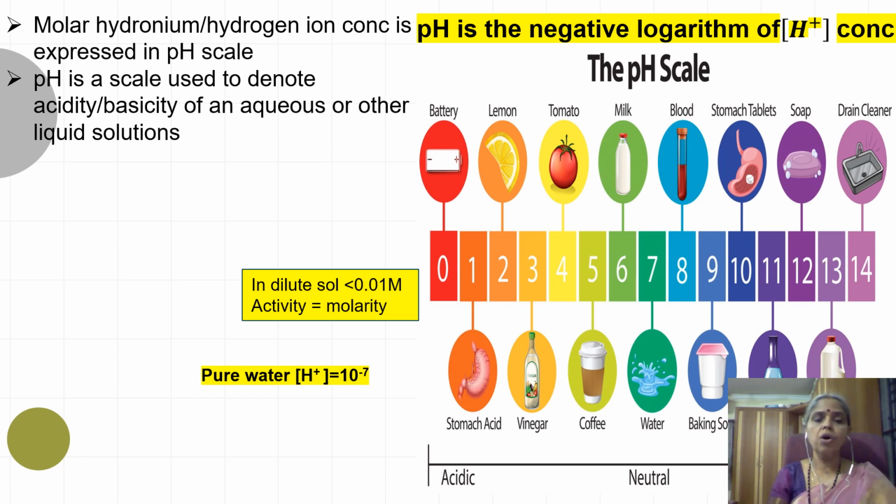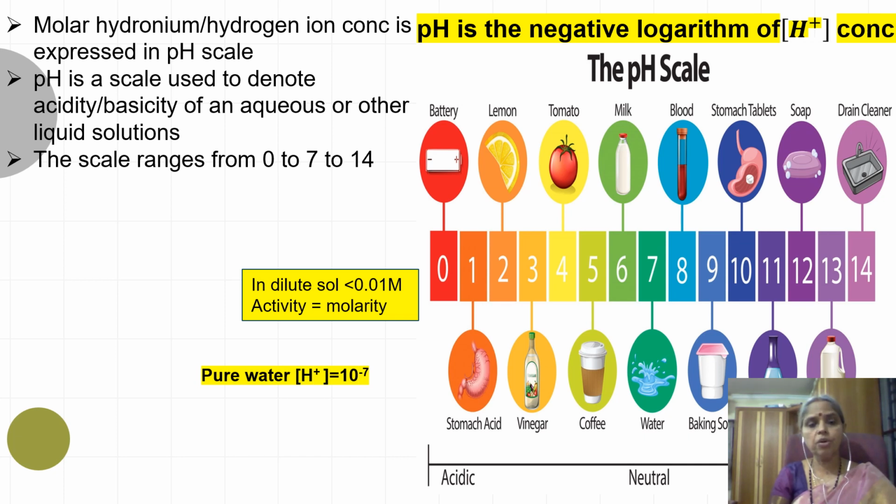It is the molar hydronium ion or hydrogen ion concentration which is expressed on the pH scale. This scale ranges from 0 to 7 and from 7 to 14.